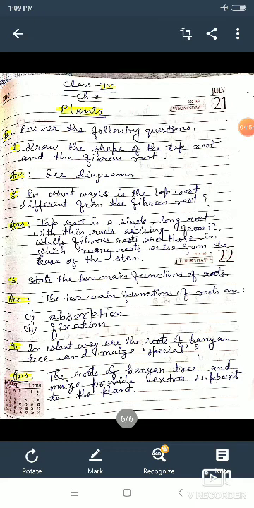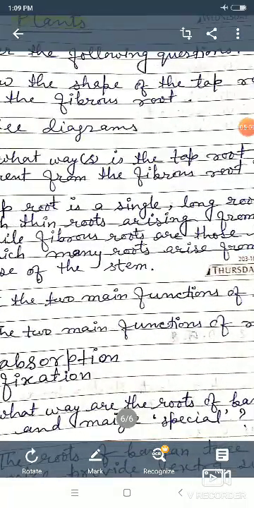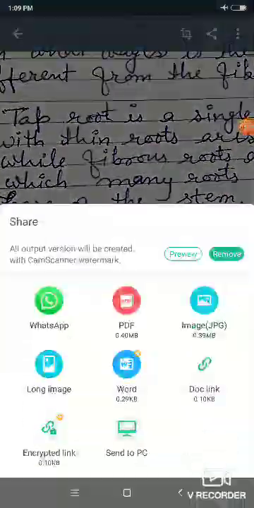Now the third question is: state the two main functions of the root. So you will write the two main functions of the roots are, number one, absorption, and the second one is fixation. The spelling matters, so you will write the spelling correctly.